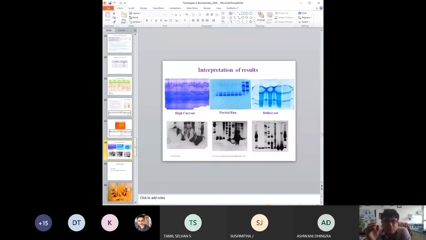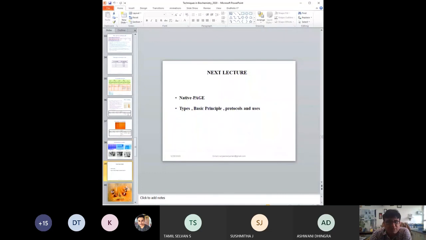In that case, what type of gel are you going to get? These are some of the limited information which I have given you.